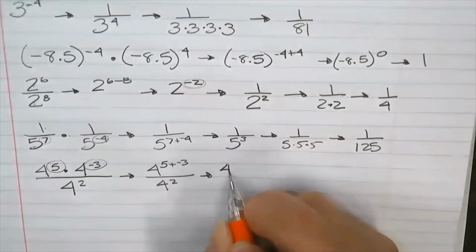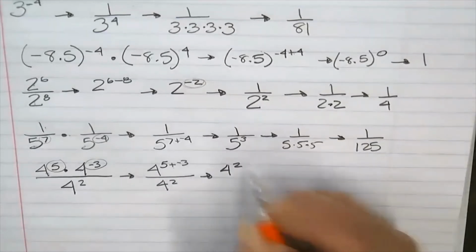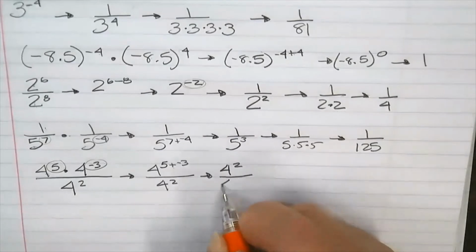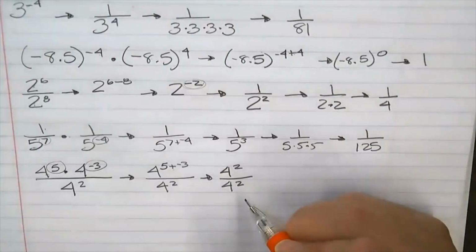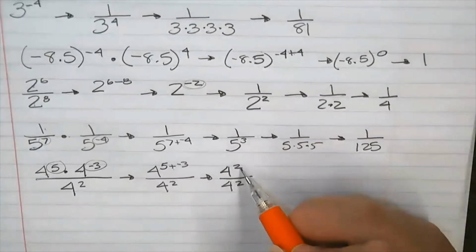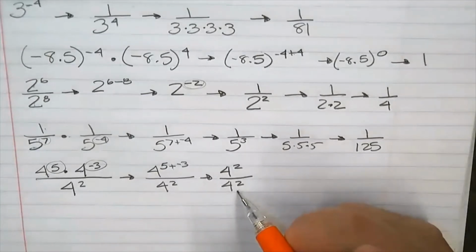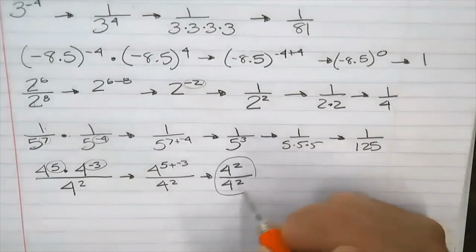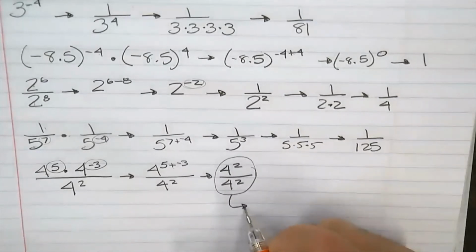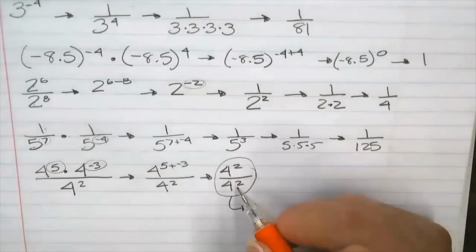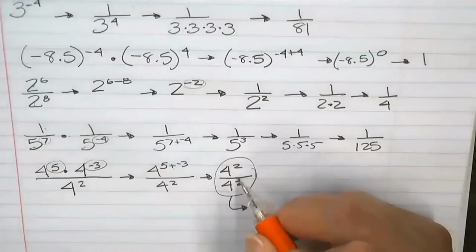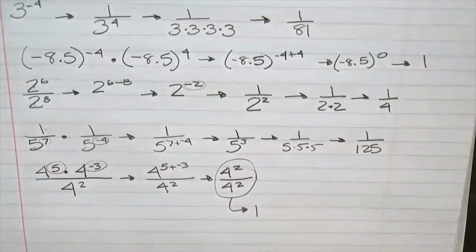So 5 plus negative 3 is 2, so 4 to the 2nd over 4 to the 2nd. Now, I know that when my numerator is exactly the same as my denominator, this is equal to 1, because this is going to be 16 divided by 16, and 16 divided by 16 is equal to 1.